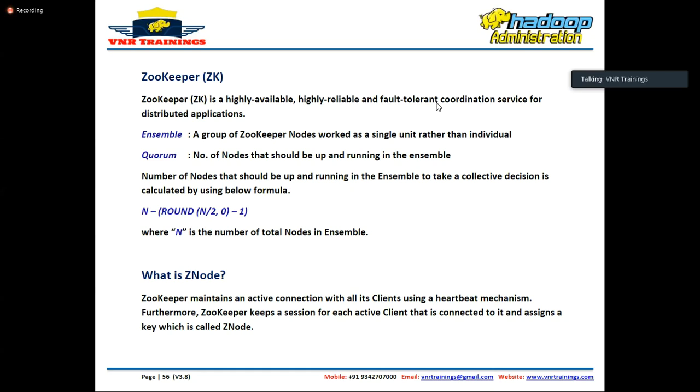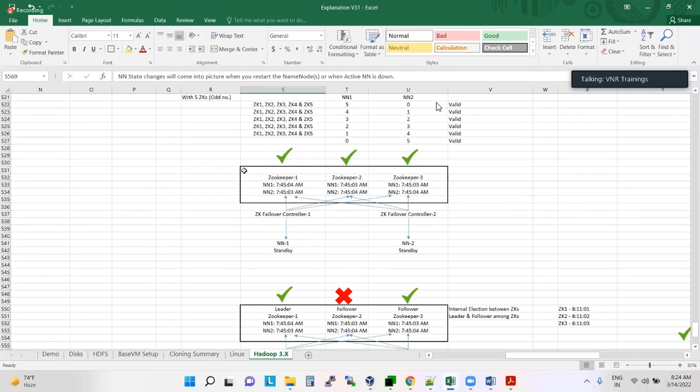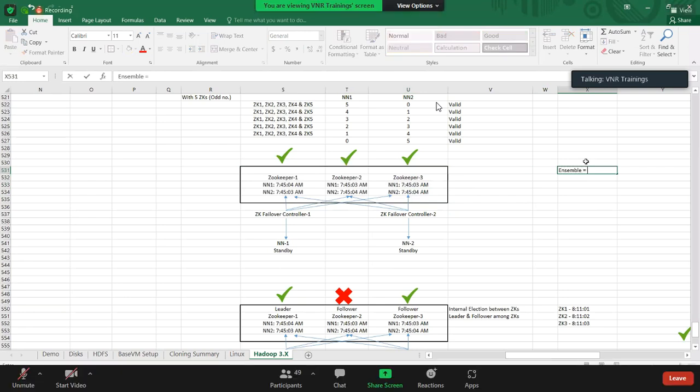Now in this scenario, how many zookeepers are participating in this group? 3 zookeepers. So I will say ensemble equal to 3.